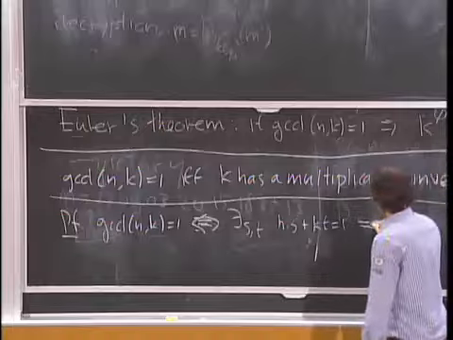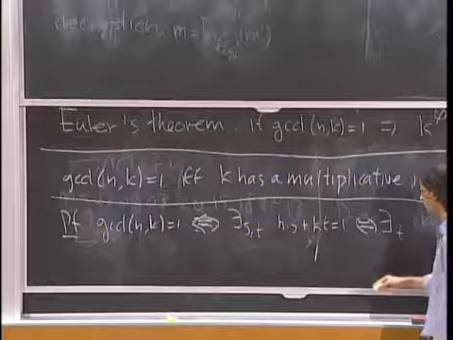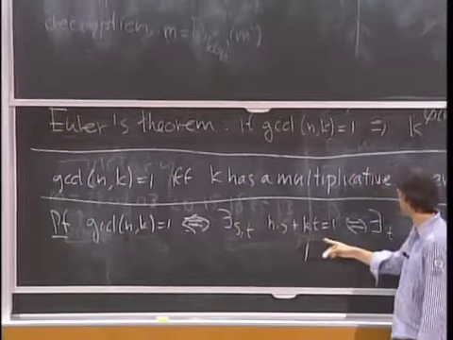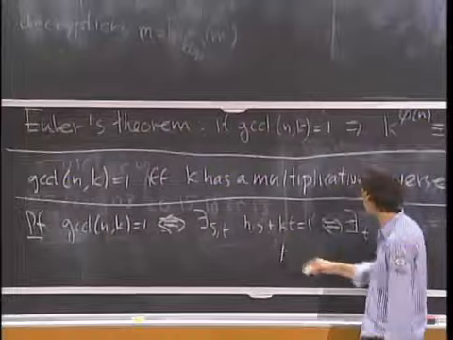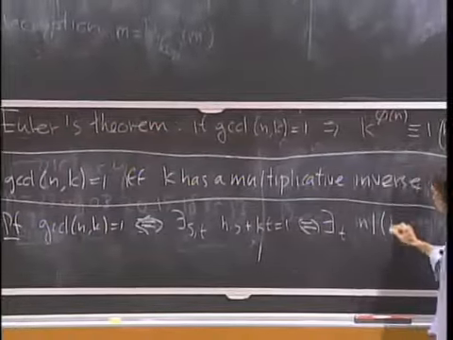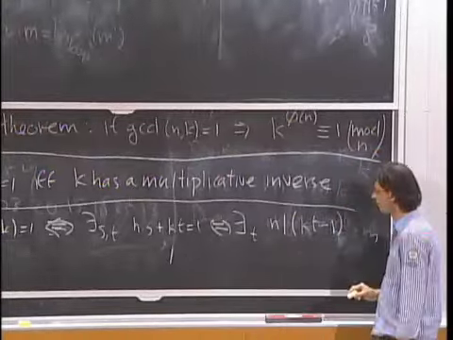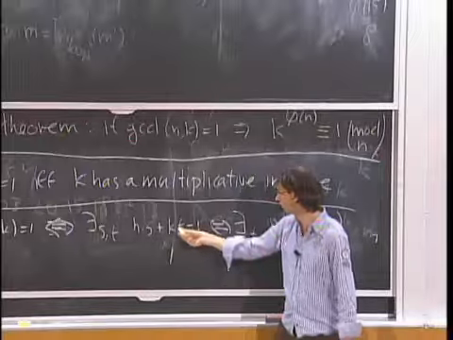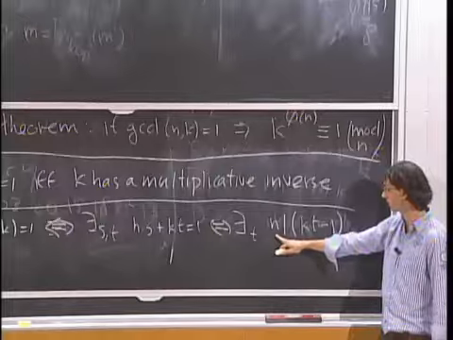Well, then I also know that there exists a T such that the difference between 1 and k times T is divisible by n. So n divides the difference of k times T minus 1. So why is that? Well, if I look at the difference between k times T and 1, that difference is n times S. And n times S is divisible by n.